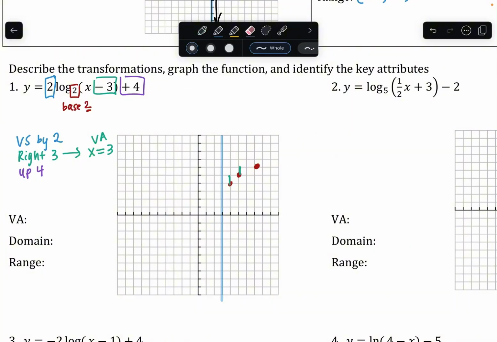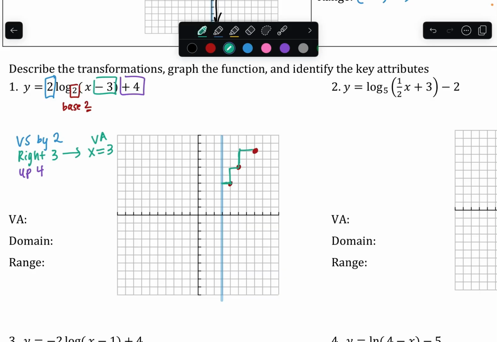We're actually going to go up 2 between the points. And so this point would be up 2 from my original critical point, and this point would be up 2 from that previous point. Okay, there needs to be a vertical distance of 2 between each of your points.